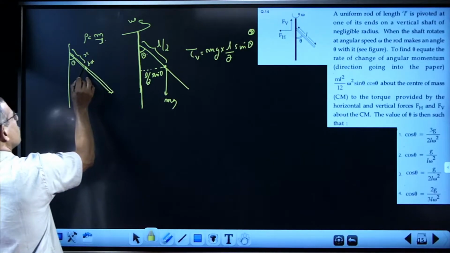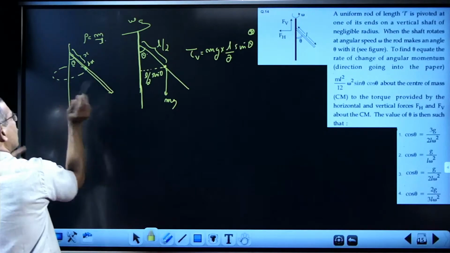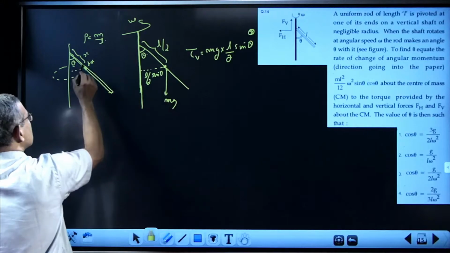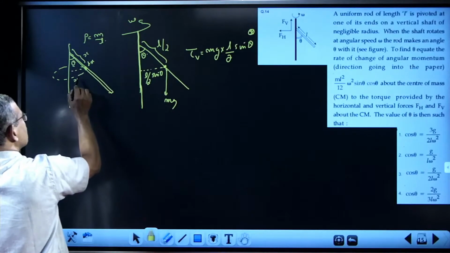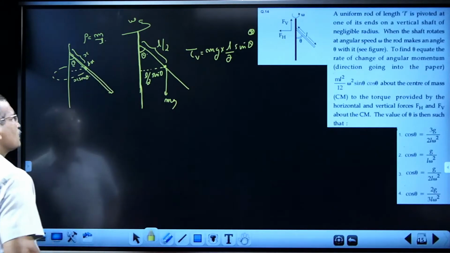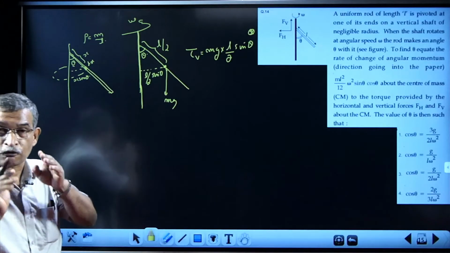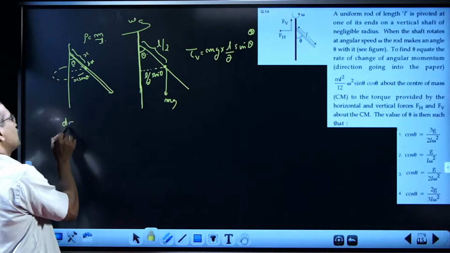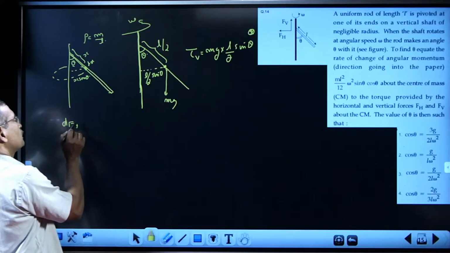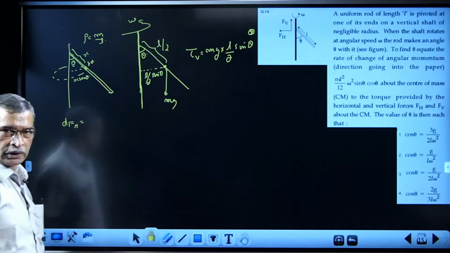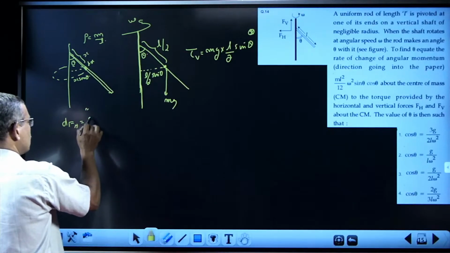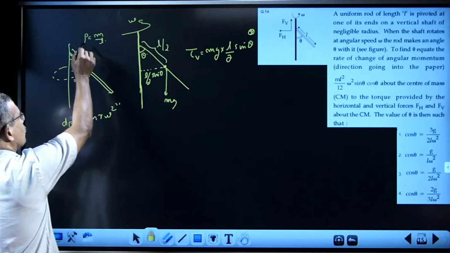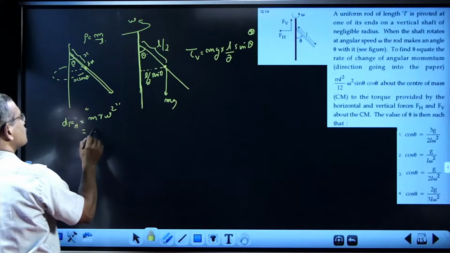Now this mass is rotating like this, and the radius of that circular path is x sin theta. Then what is the centrifugal force acting on that? dF horizontal, by the basic formula m r omega squared. What is m? m by L dx.